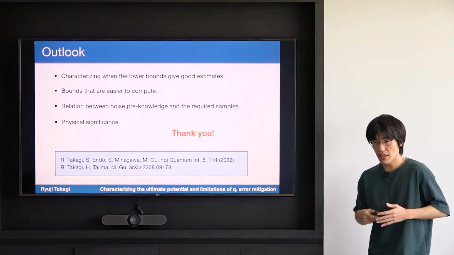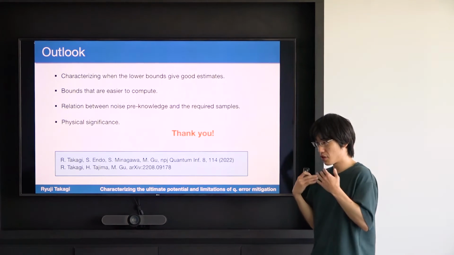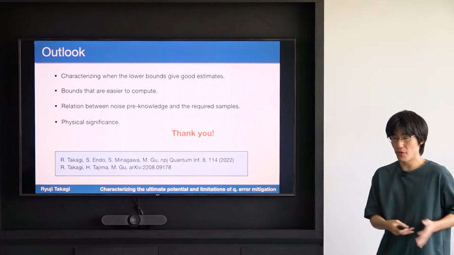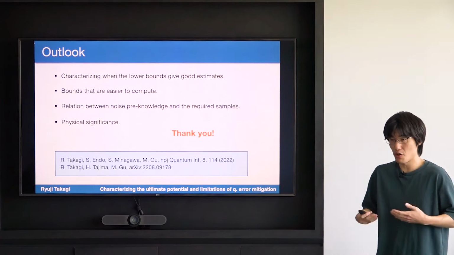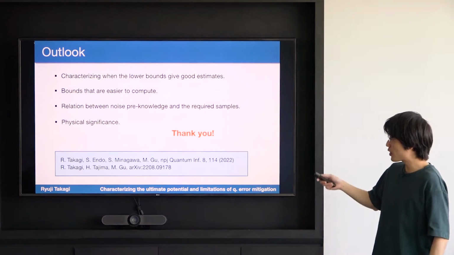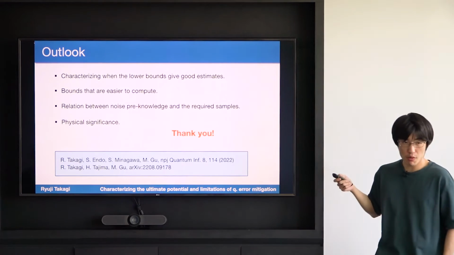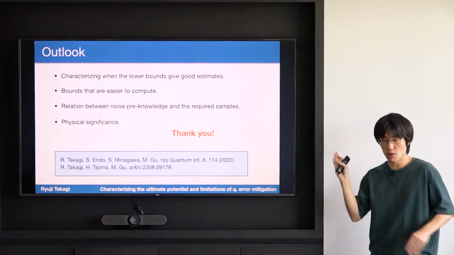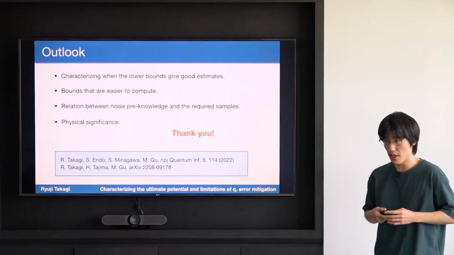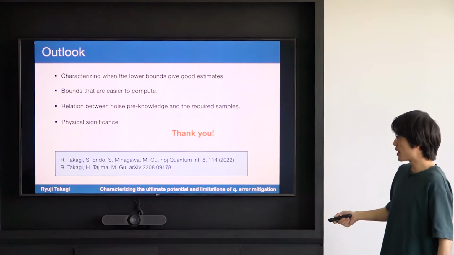So we do not expect that this bound always gives good estimates for a specific error mitigation protocol, because if you're interested in a specific error mitigation, then you had better just analyze it specifically. But it is still interesting to consider how tight our lower bounds can be, and when our lower bounds give you a good estimate, like the probabilistic cancellation example, and identifying these regimes may be interesting.